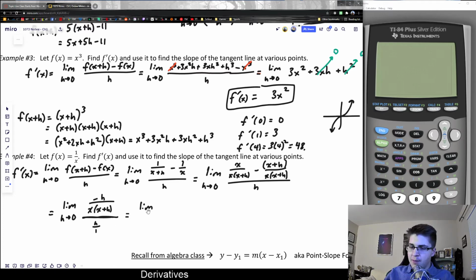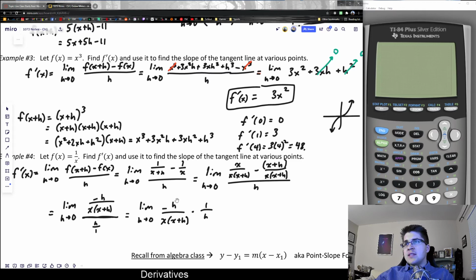I recommend using that when you're dealing with fractions in the numerator of the difference quotient, because it's already bad enough. That would leave me with negative h divided by x times x plus h, all multiplied by, not h over 1, but 1 over h. Because in order to divide by a fraction, I can flip it over and multiply. Another basic property of how fractions work.